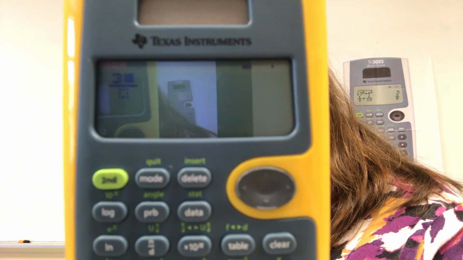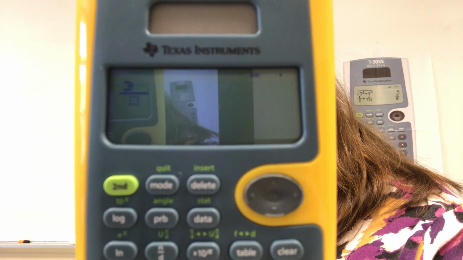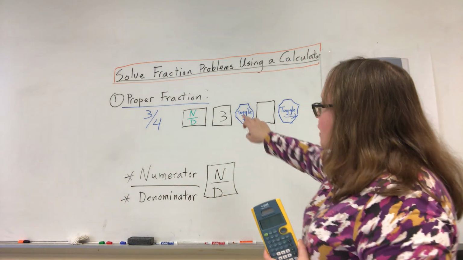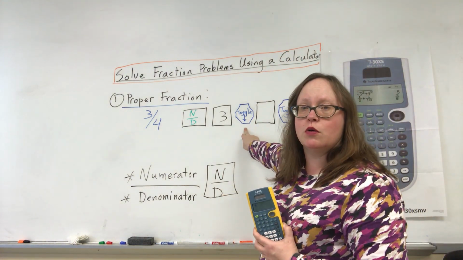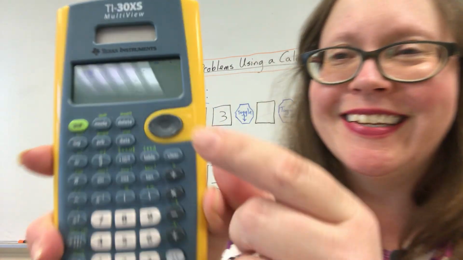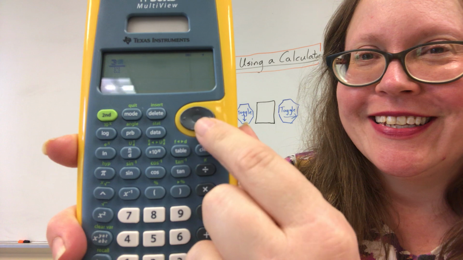But now that box is beside the 3 and is blinking, and I want to get the little blinky box down to the bottom. What am I going to do? We're going to use another button. This button that we're going to press is called toggle. Toggle. Your toggle button is located here.